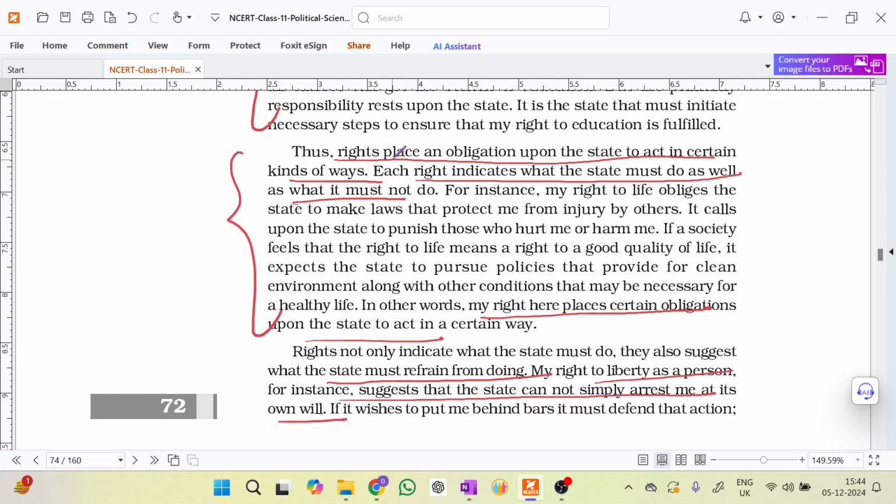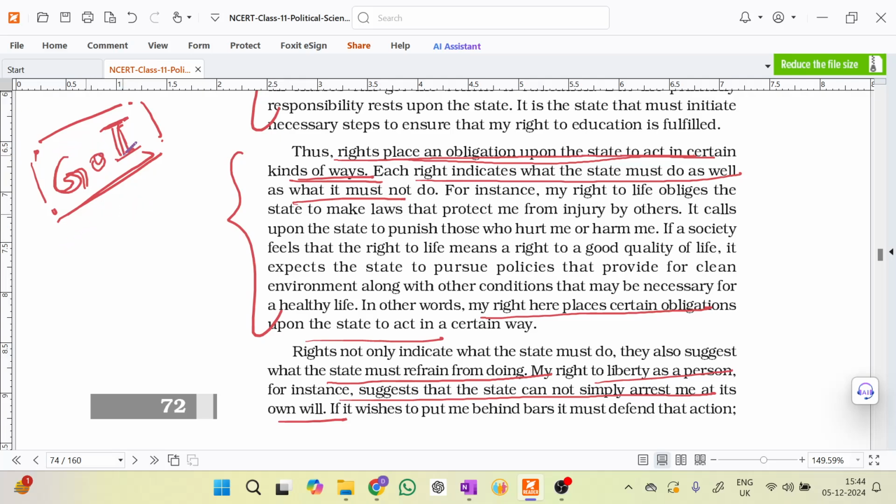In other words, rights place an obligation upon the state to act in certain kinds of ways. So now we have left the abstract or philosophical arena, and we are talking about the constitutional avenue.